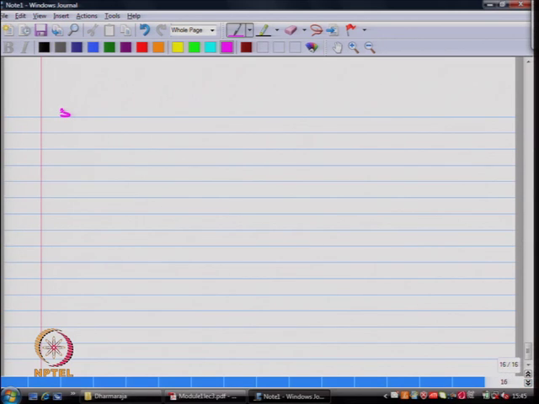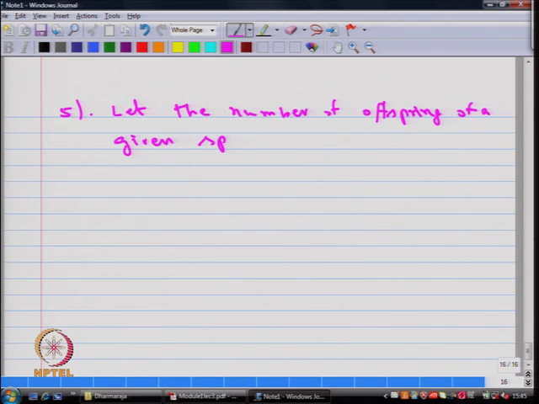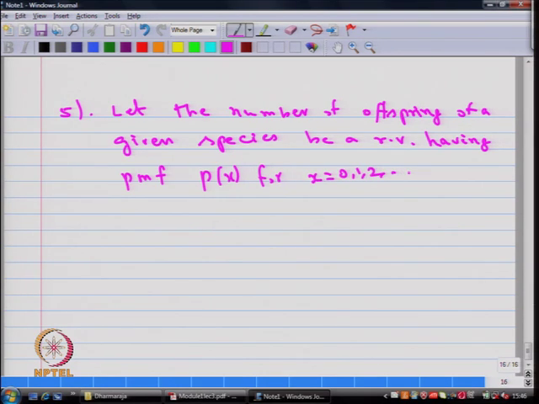The next example. Let the number of offspring of a given species be a random variable having probability mass function p of x for x equal to 0, 1, 2 and so on, with mean mu and variance sigma square.